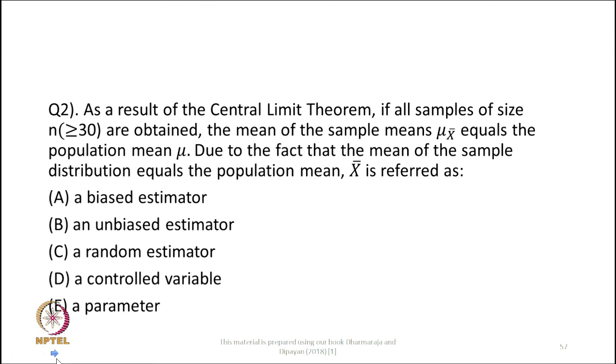Second question. As a result of the central limit theorem, if all samples of size n, which is greater than or equal to 30, are obtained, then the mean of the sample mean equals the population mean mu.